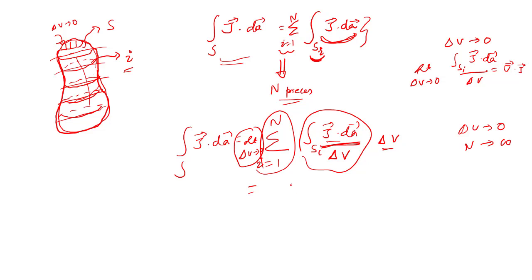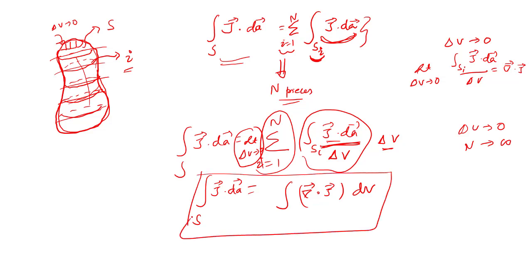This would give us the integral of del dot J dV. This is what we had seen from Gauss's theorem. If you don't recall it, please go back to the detailed discussion in the previous lecture on chapter 1. We're going to make use of this for electric fields particularly now.